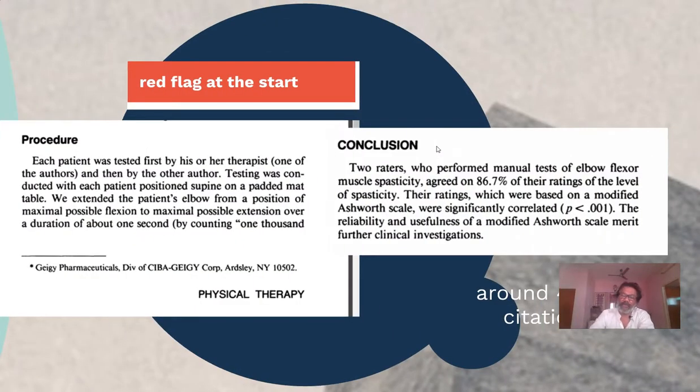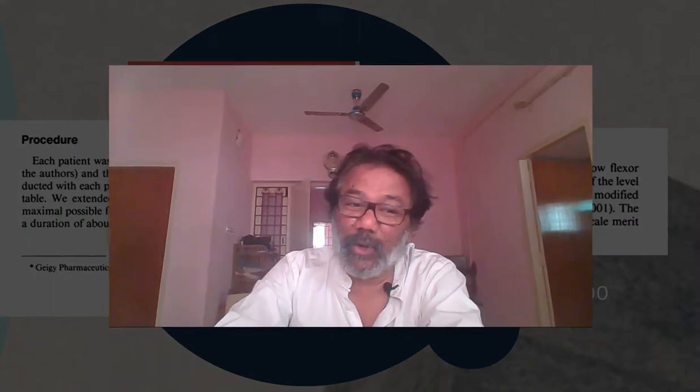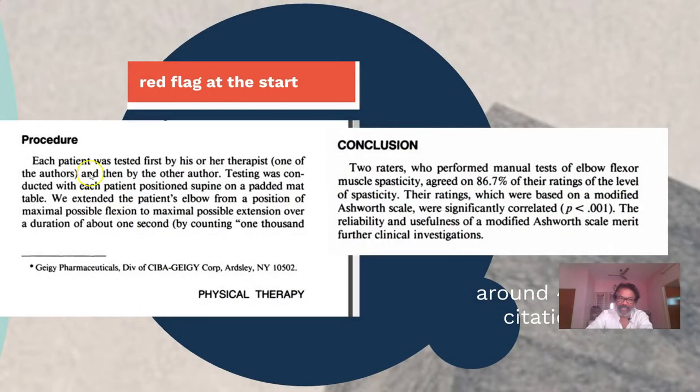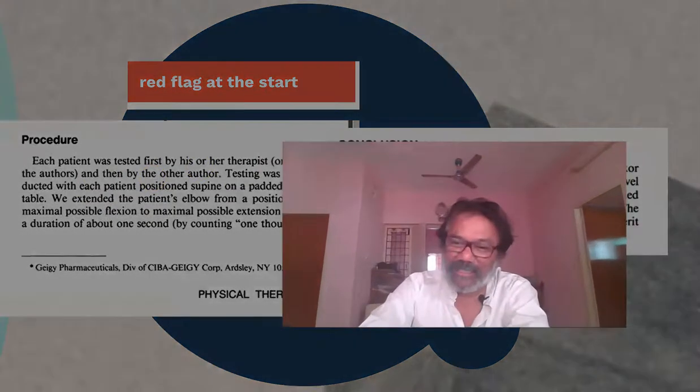Now, if you read the paper, the first thing you will see is that the reliability was between the authors, right? You can see that each patient was tested by his or her therapist, one of the authors, and then by the other author, right? So these two people are doing reliability research, and they themselves are the testers.